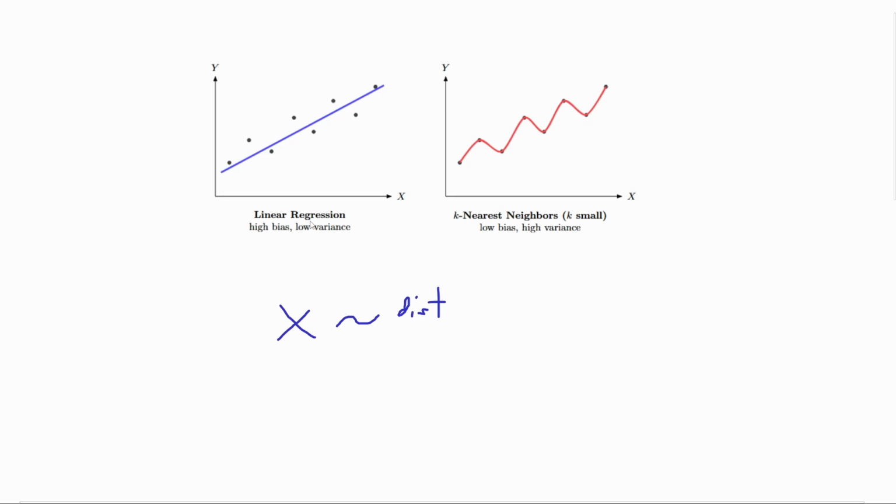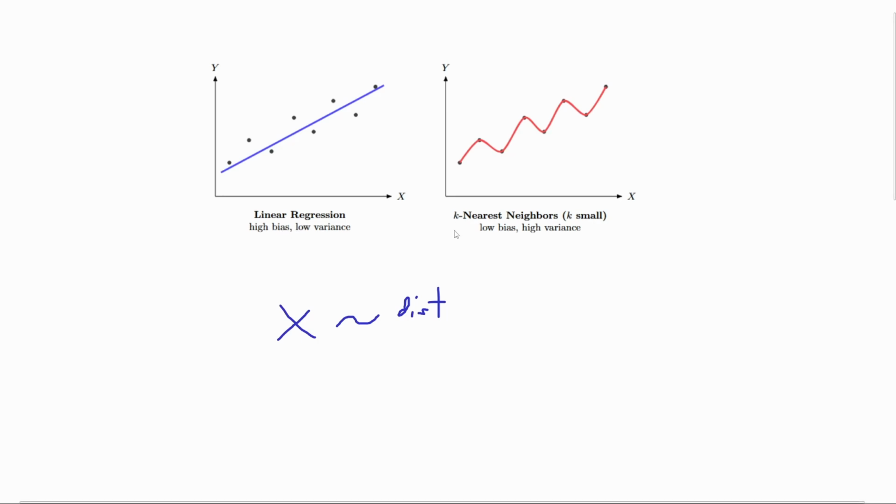Bias represents how well the model correctly models the true distribution. Now, in reality, it's often the case that the true distribution is not linear. So when we assume linear, we think it's biased, because the true distribution is not linear. So this way, we give up some variance, but instead we take on some bias.